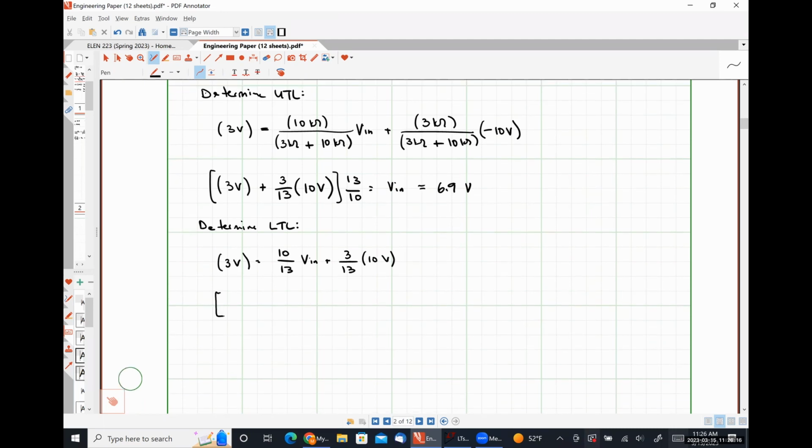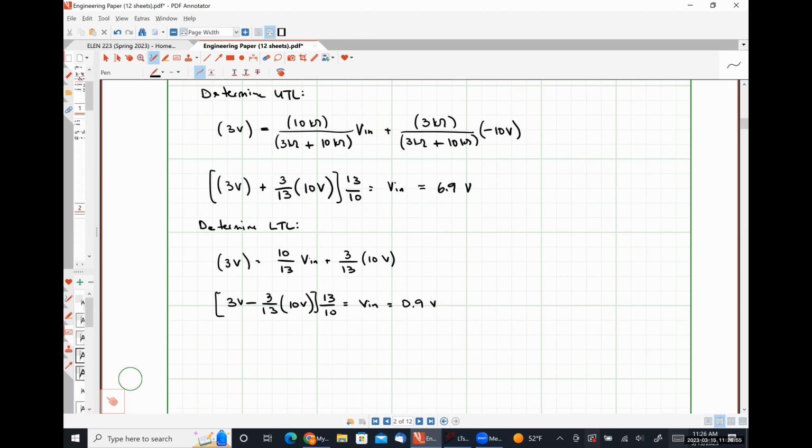So we're going to have 3 volts minus 3 over 13 times 10 volts times 13 over 10 will be equal to Vn. What do we get here? 0.9 volts. Pretty close to the one that we observed.